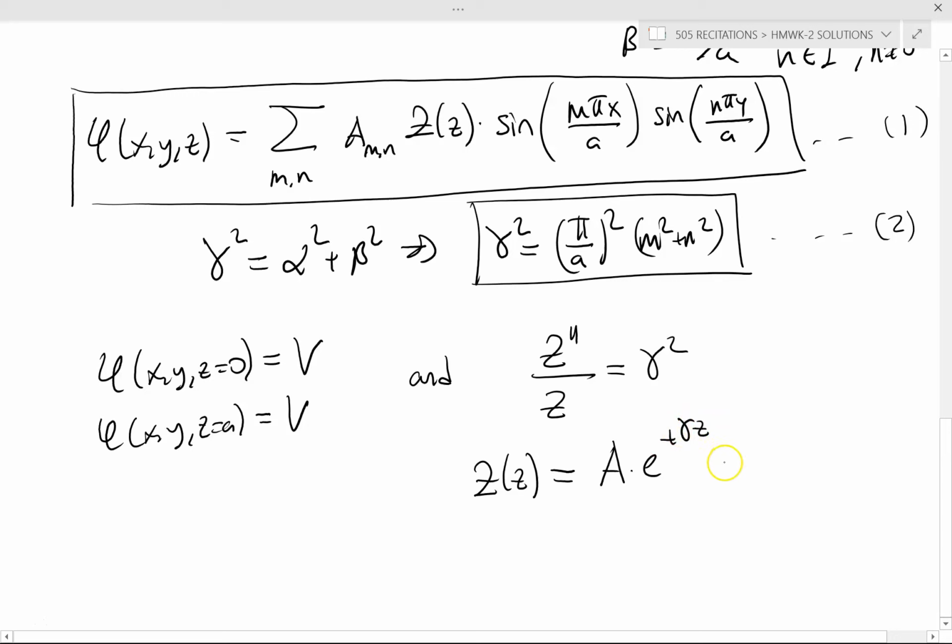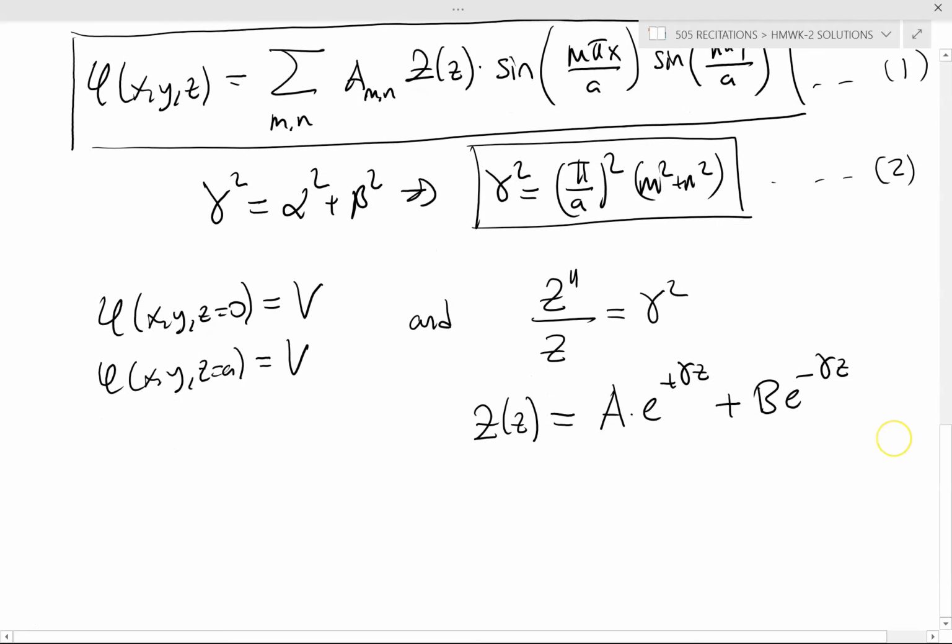A e to the gamma z plus B e to the minus gamma z. So exponential decay occurs, or any other form of exponential growth.